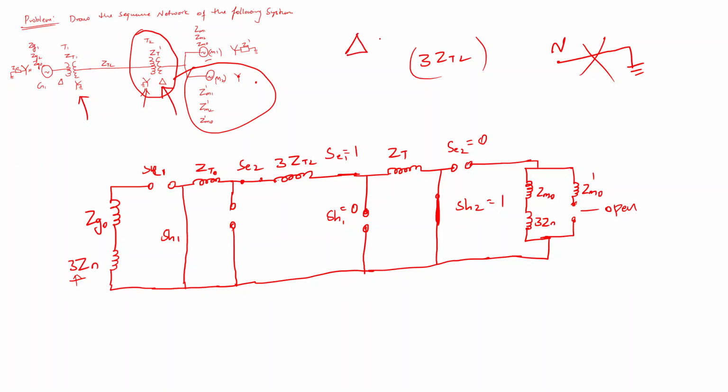If I have delta, is SE open or closed? It is open, right? Delta means only the shunt path is available, only shunt current will flow. Those are the rules we have seen in the switching diagram. So if delta, straight away you open SE2 and close SH2. That's all. Very simple. Clear?